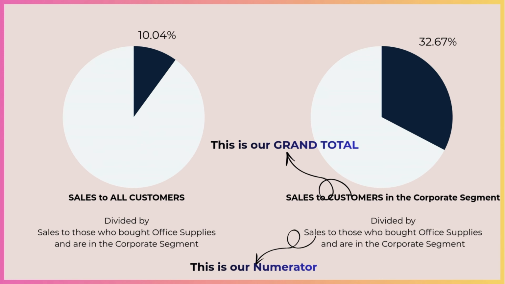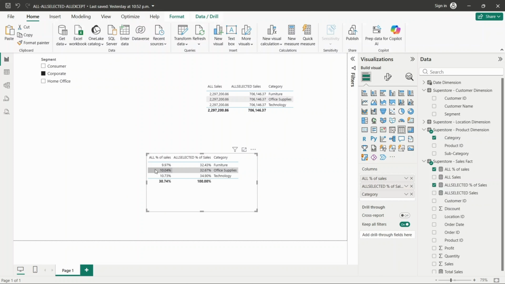But the percentage of sales to customers in the corporate segment that is generated from the sale of office supplies is 32.67%. So on one side, our all is every single person within this data set.